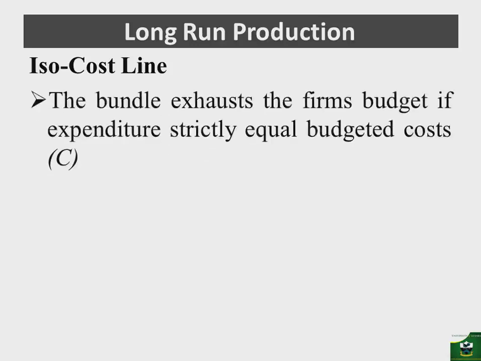So with that, we add that the bundle exhausts the firm's budget if expenditure strictly equals the budgeted cost. That is, if we have an equal sign in the equation. So we have the payments that the firm is making on the two factors, and then the total outlay, or the expenditure, that the firm has to make in acquiring those inputs.